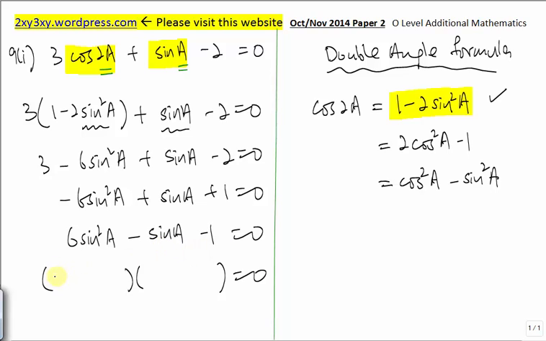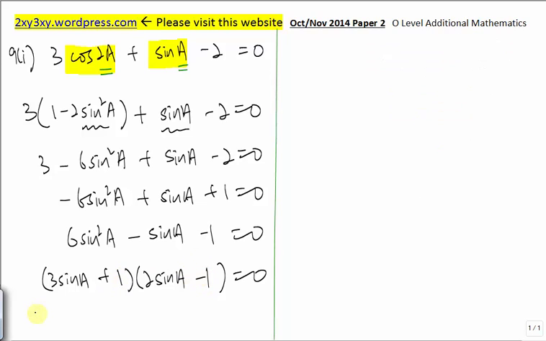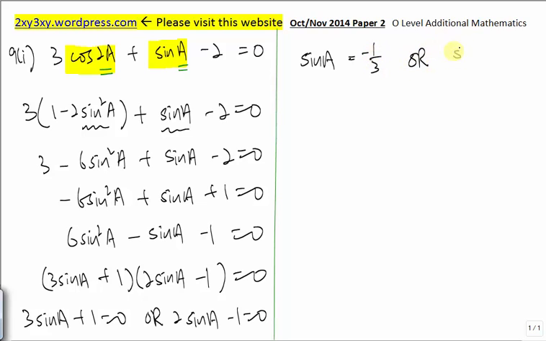Factorize this equation. So we know that 3 sine A plus 1 equals 0, or 2 sine A minus 1 equals 0. So we have sine A equals minus 1/3, or sine A equals half.